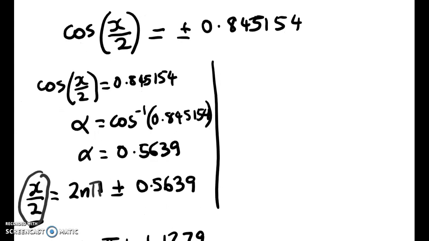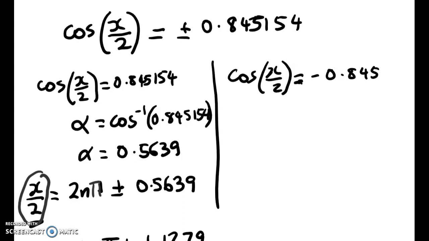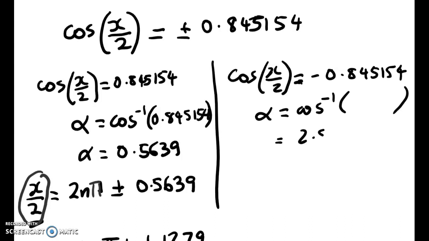Let's do the same thing on the other side. Here we get negative 0.845154. So we're starting with the negative branch. So alpha will be 2.5777.